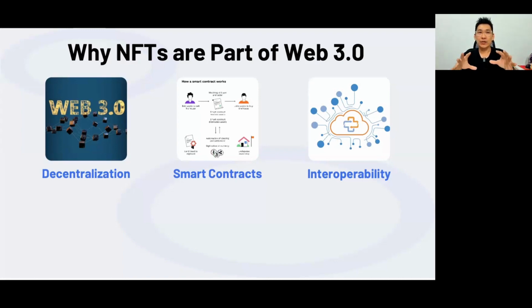But Web 2.0 is controlled by the owner of the platforms. So that's called centralization. So if you put your content into Facebook, it means that it belongs to Facebook, and Facebook has the permission to use your content, as in to publish your content on their platform.